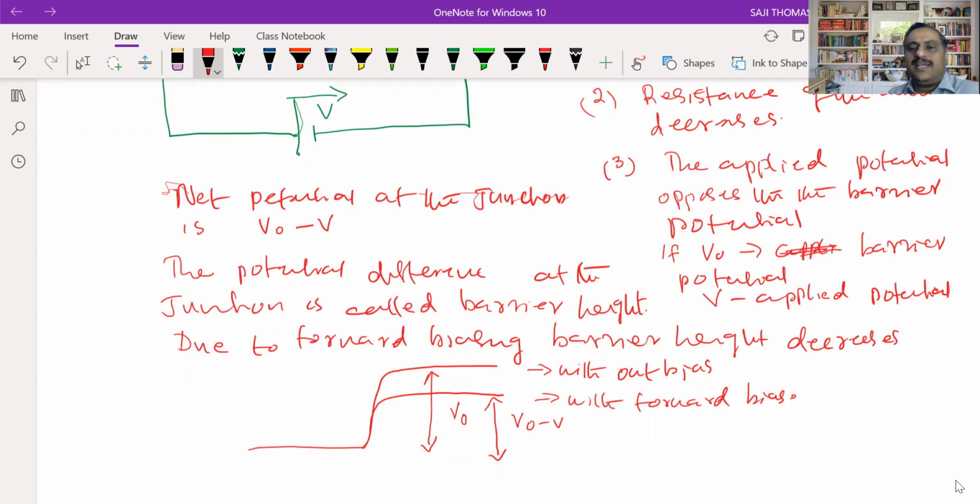Width of the depletion layer is a measure of the resistance of the diode. So the diode offers a very small resistance. Effective potential at the junction, barrier height, decreases. Forward current is of the order of milliamperes.